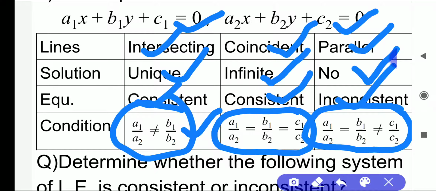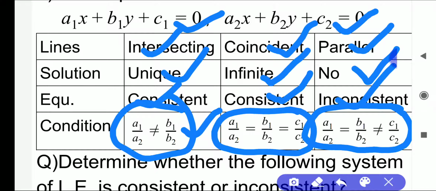The conditions are very important here. Once again I am repeating. First condition, a1 by a2 not equals to b1 by b2. That means they have a unique solution and it represents intersecting lines. And a1 by a2 is equal to b1 by b2 is equal to c1 by c2.